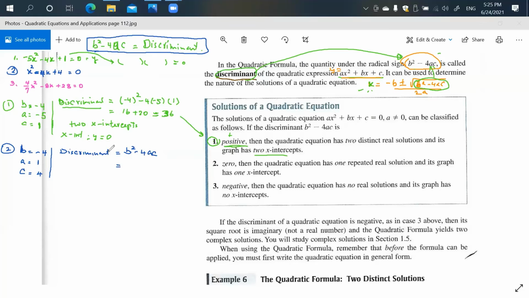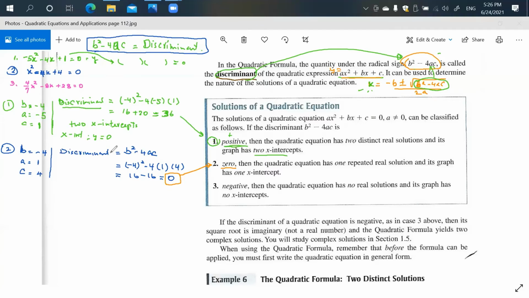So you replace b with -4, a is 1, and c is 4. This becomes 16 minus 16, which equals 0. So now you see the discriminant equals 0.